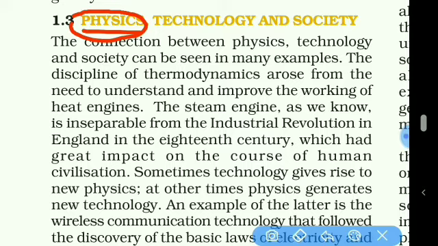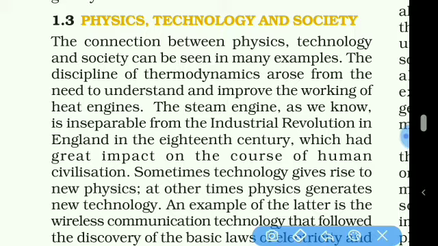Now, when something is made better than the previous thing, then we can say that technology is involved in it. Students, we know that we use many devices and gadgets for various purposes. For example, we use vehicles for transportation to move from one place to another.